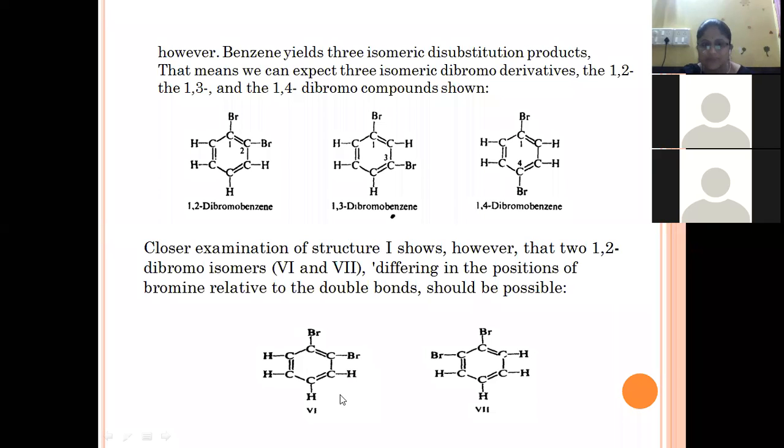In the structure of 6, the double bond starts in the clockwise direction, and the substitution of bromine is in the clockwise direction, whereas in this case it is anti-clockwise. This much only is the difference between these two structures.